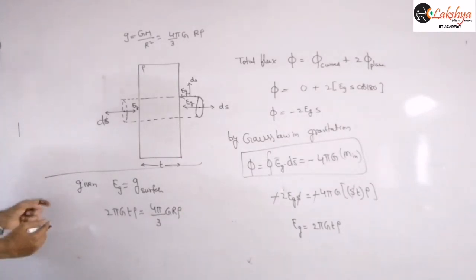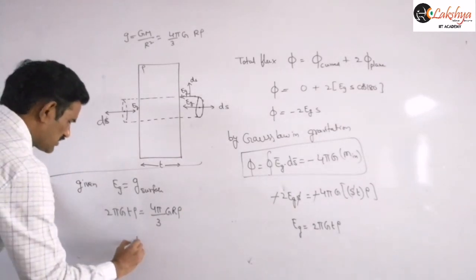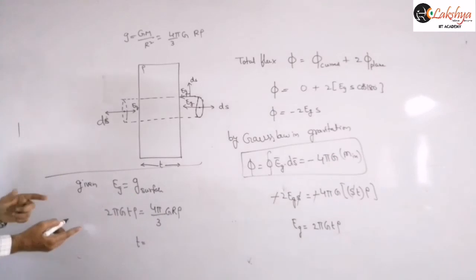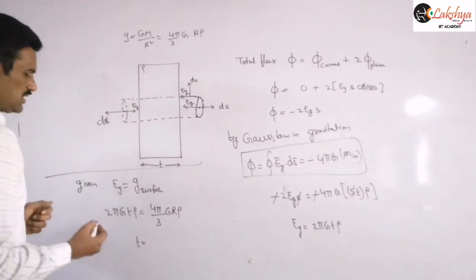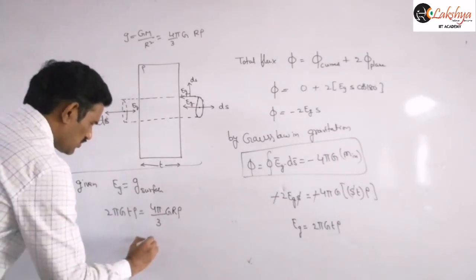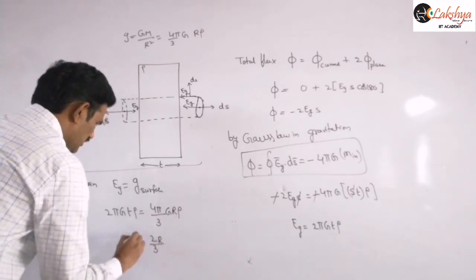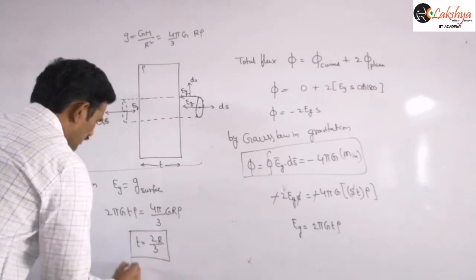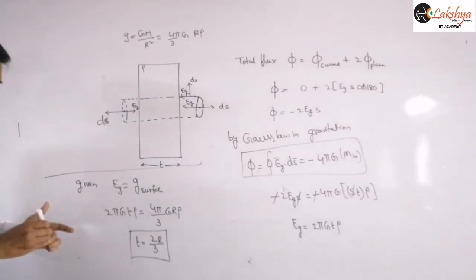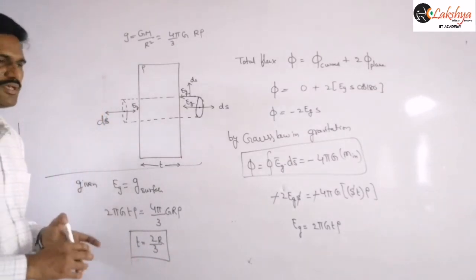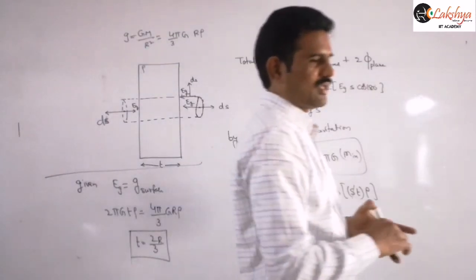Now we can do the calculations here. On simplification, rho cancels and G cancels, so T is equal to 2 by 3 R, or 2R by 3. That will be the thickness of this thick plane.